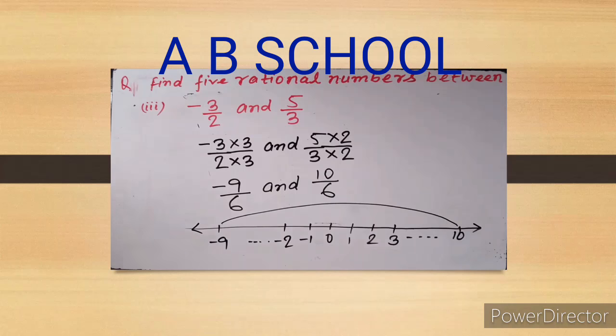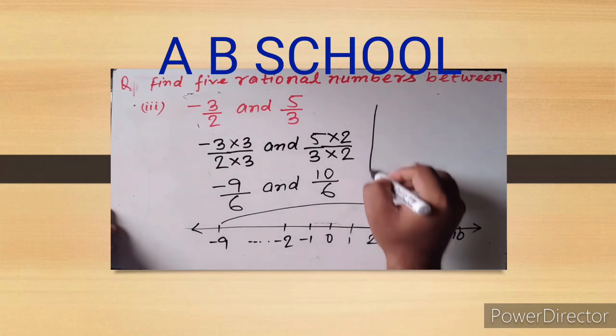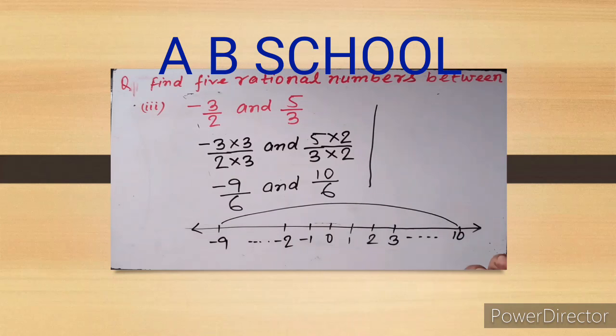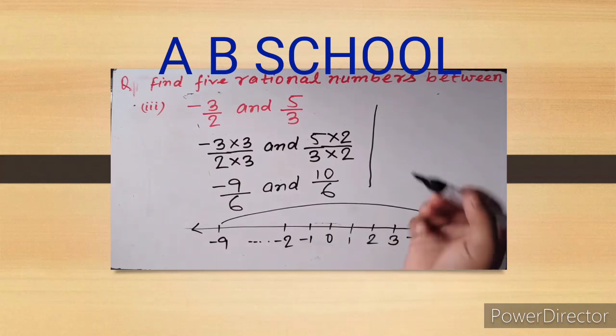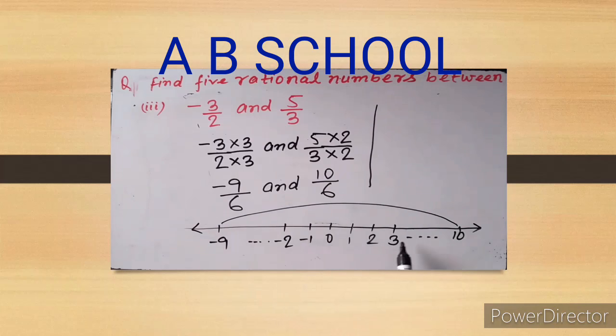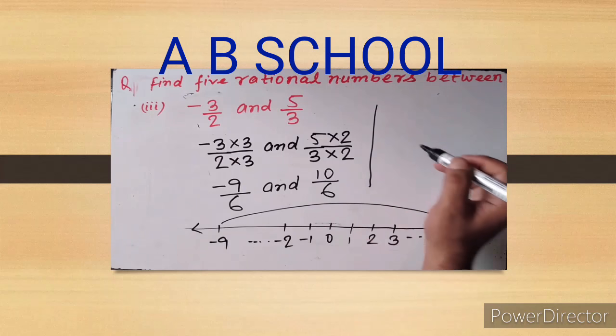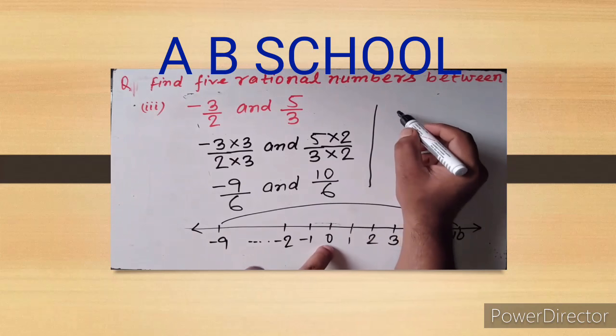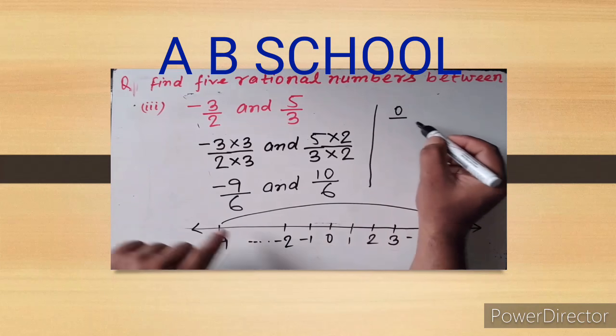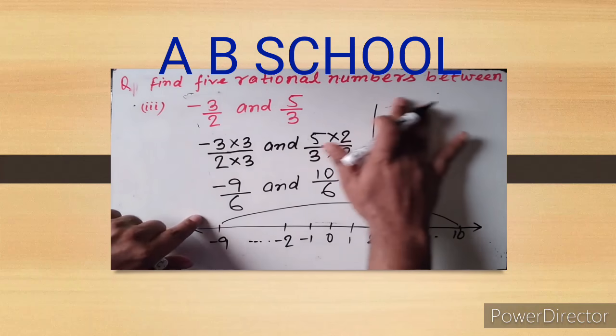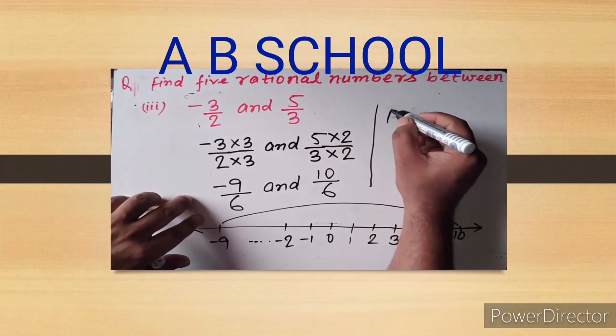Lots of numbers. So you can take any 5 of these rational numbers. Between minus 9 and 10, we can take many rational numbers, for example 0 upon 6. First we will write 5 rational numbers.